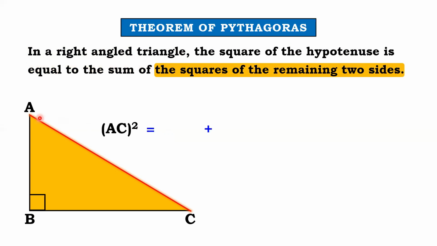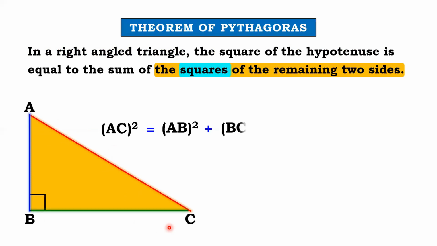Now students, we all know in a right angle triangle ABC, AC is the hypotenuse. So AC is ruled out. The remaining two sides are AB and BC, because AC is ruled out as hypotenuse. AC is no more in the race now. So the first remaining side is AB, so the square of AB means AB square.